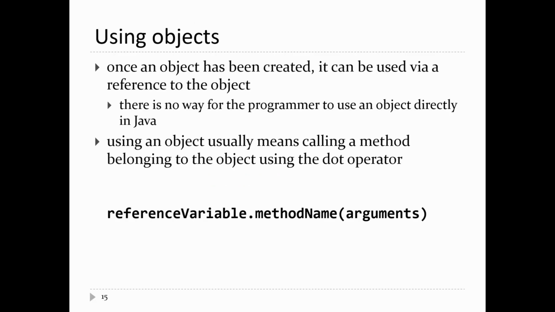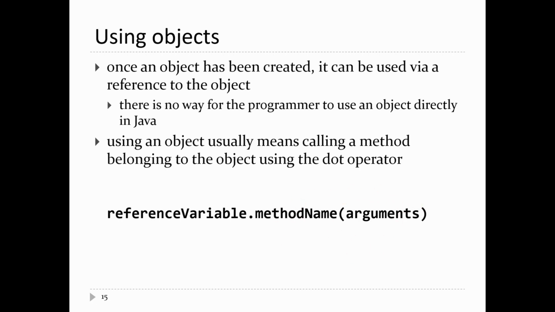Okay, so once you've got your object, so you've called new, you made an object, and you stored the result of new in a variable, you can now use that variable to call methods on the object, right? So the way that you call methods on an object, you use the variable name, then you write a dot, then you write the method name, and then you pass in the arguments to the method.